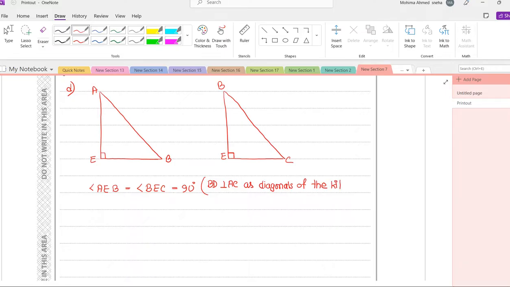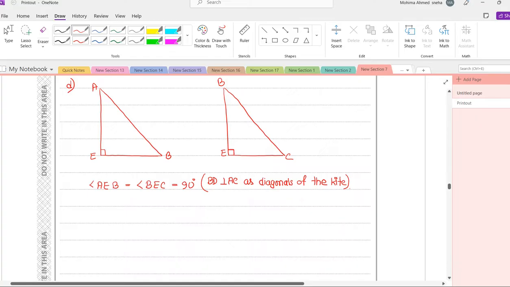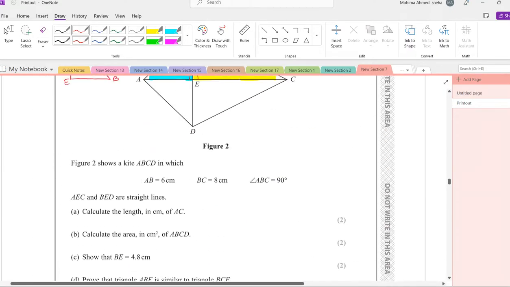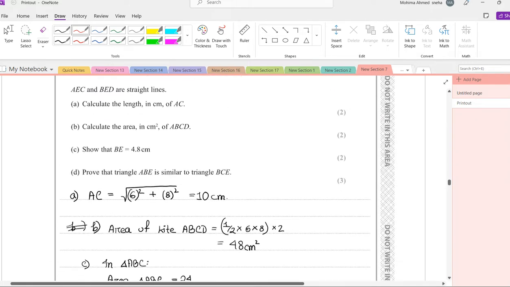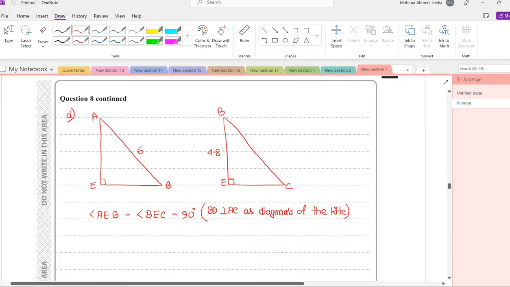Of the kite. Okay, then we need to prove the ratio of the sides are similar. We have the value for BE is 4.8. The value for AB was 6 and BC was 8.